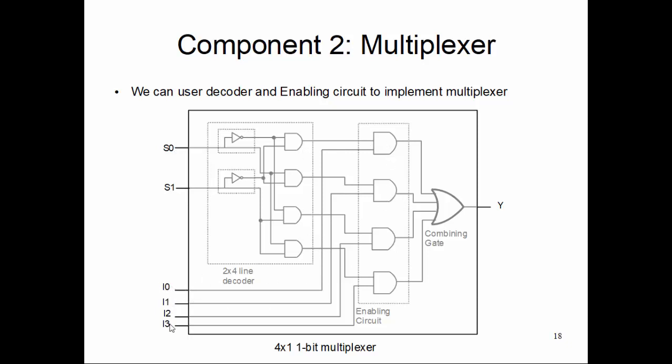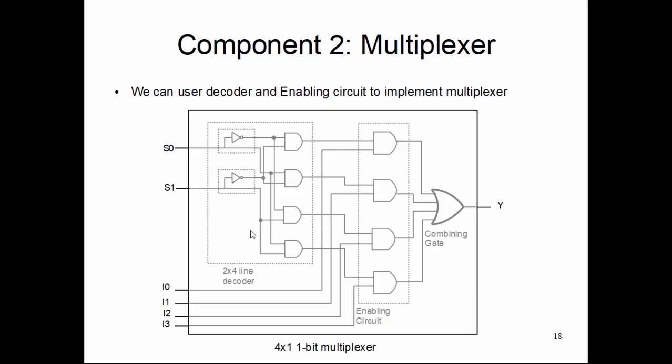Let's say, for example, S0 is 1 and S1 is 1. That means my I3 has to be selected. So how is it done? This is a 2x4 line decoder. S0 = 1, S1 = 1 will make the bottommost output 1 and everything else 0 from the 2x4 line decoder.